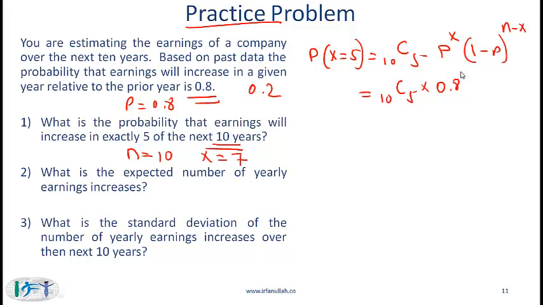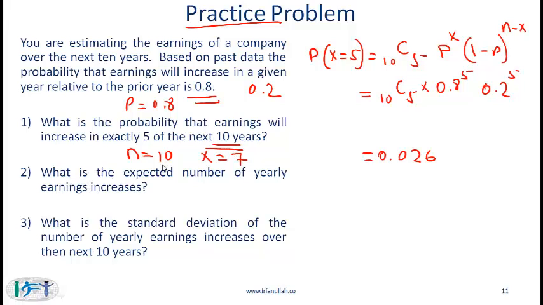X is 5, and then 1 minus p, that's the probability of failure, 0.2 raised to the power of 5 again. When you solve this, you should get 0.026. So this is the probability of exactly 5 successes in the next 10 years.